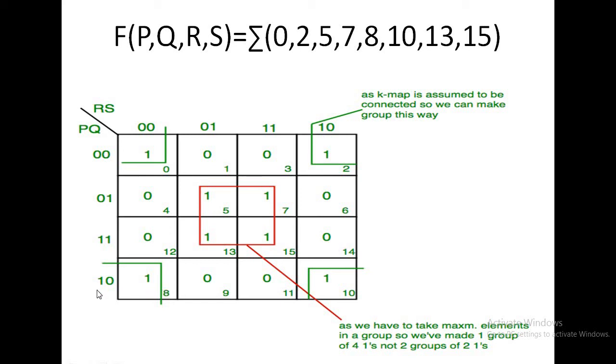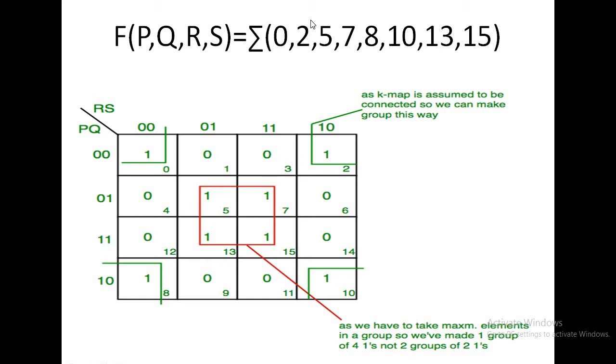And this is 8. How is this 8? 1 0 0 0 means decimal 8. 1 0 0 1, decimal 9. 1 0 1 1, decimal 11. 1 0 1 0, decimal 10.